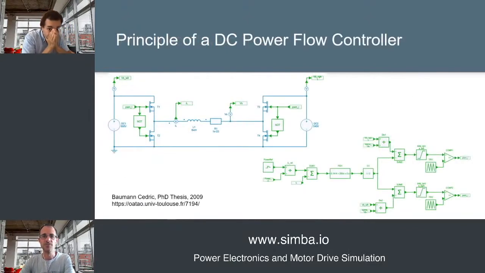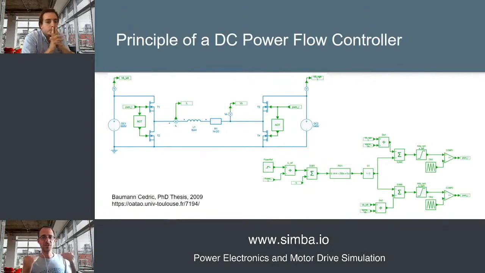The principle of a DC power flow controller is quite simple, actually. A DC power flow controller can be realized with two switching cells connected together through an inductor, and the control of the current leads to the power flow control.